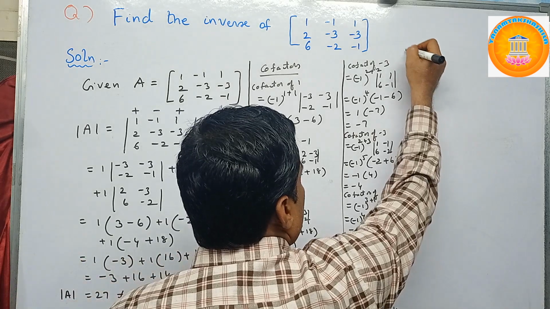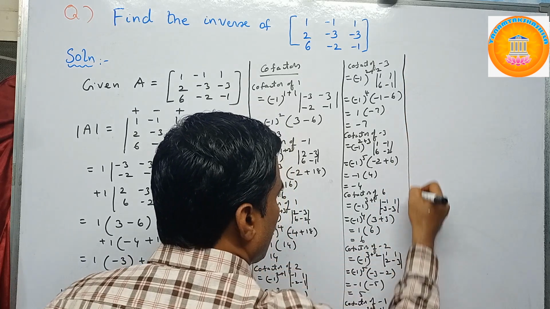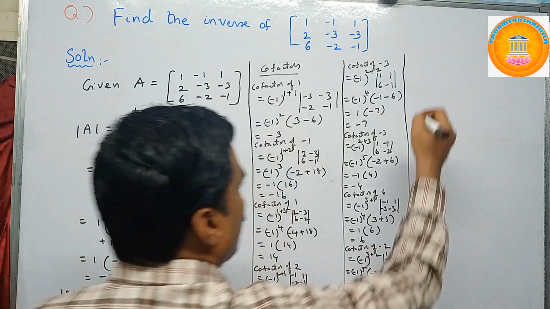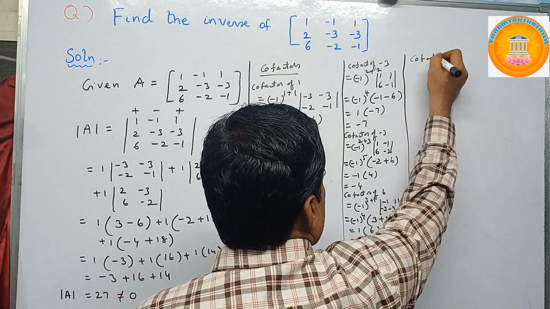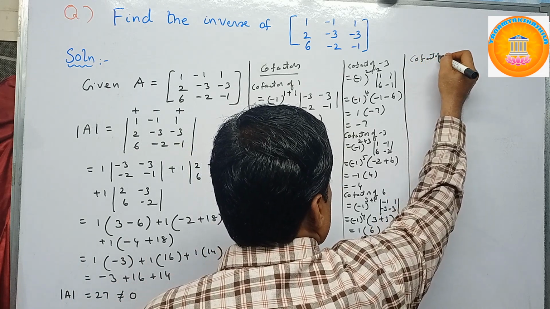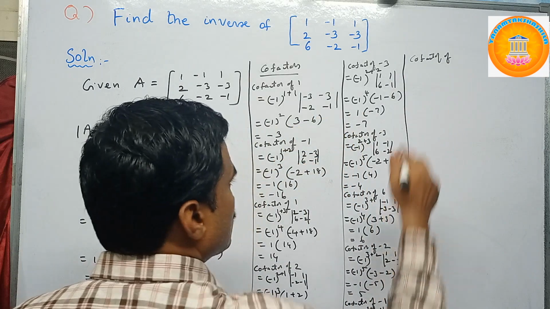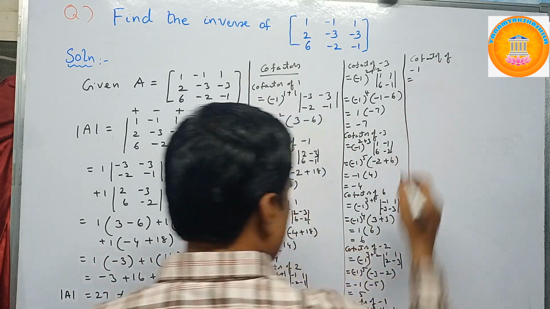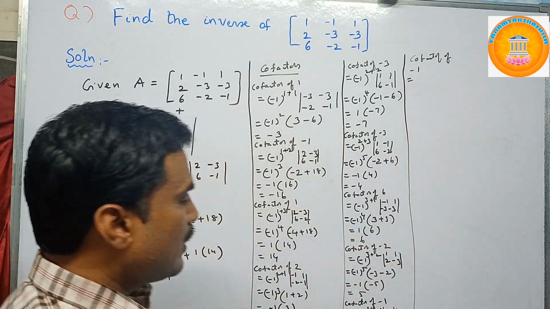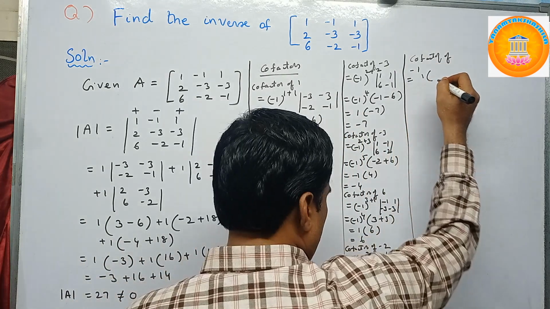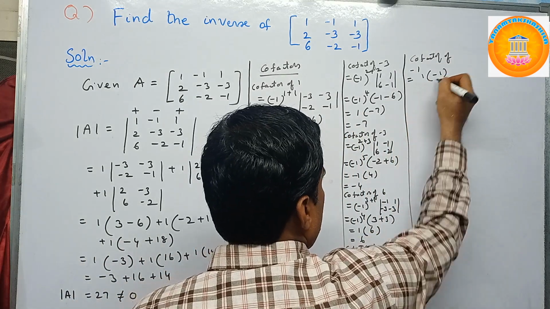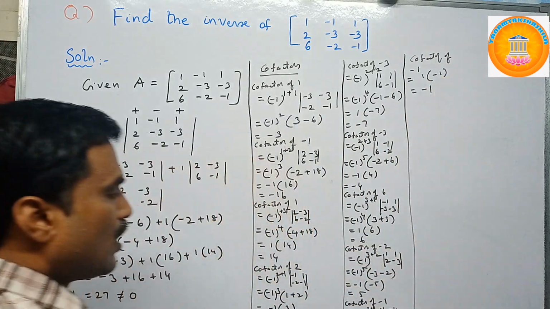So cofactor of minus 1: minus 1 power 6 is an even number, so we get plus 1, into minus 3 plus 2 is minus 1, so we get minus 1.